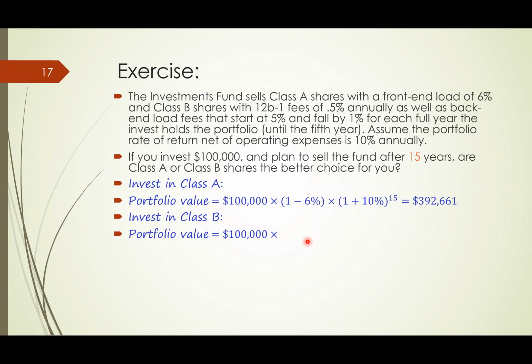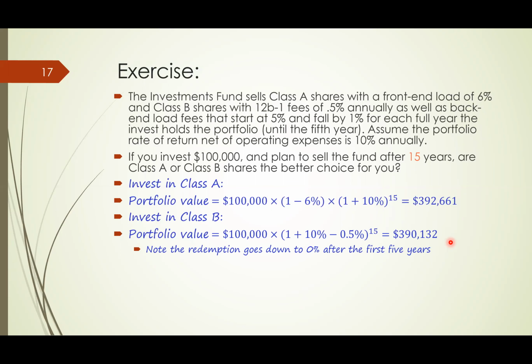It's going to compound at 9.5% per year for 15 years. In the end, there is no redemption fee, so we expect to have $390,132. So with a 15-year horizon, I'm sorry, there should be a 15-year horizon, Class A shares are the better choice.